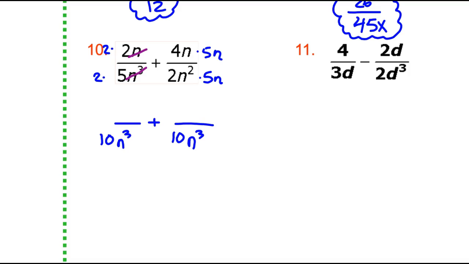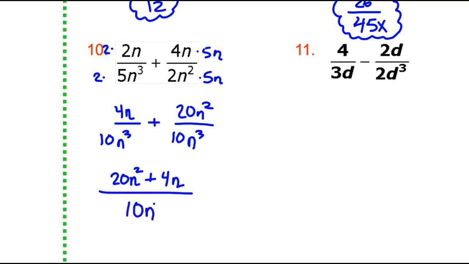They're both factors. But anyway, we'll try to keep it the same process, so try to build up to the higher degree. In this case, we would have 4n plus 20n squared. I'm going to write that as 20n squared plus 4n all over 10n cubed.